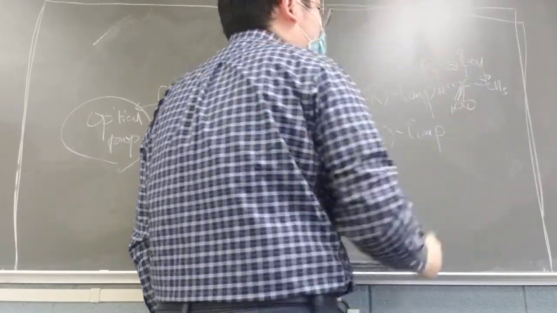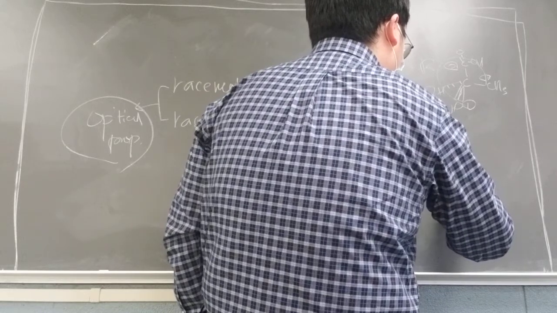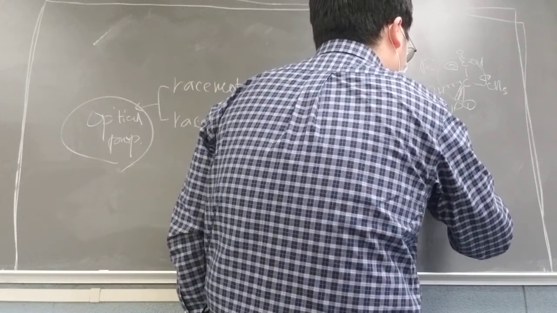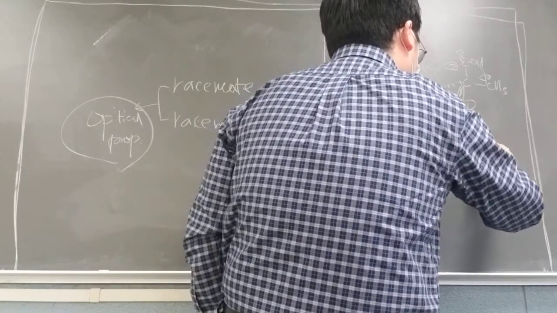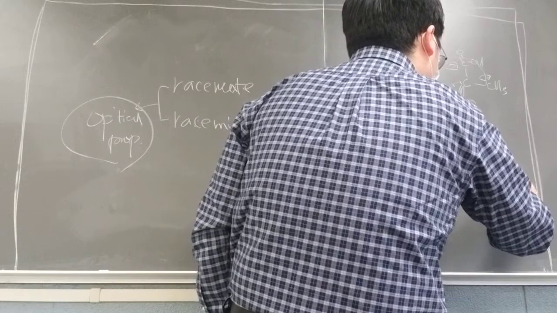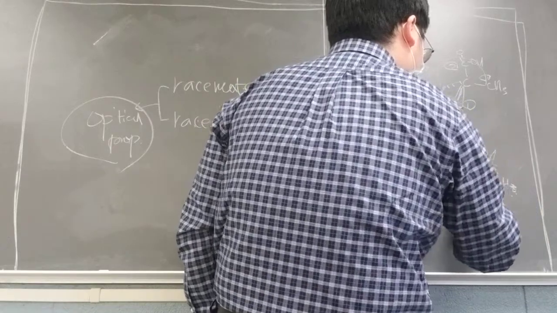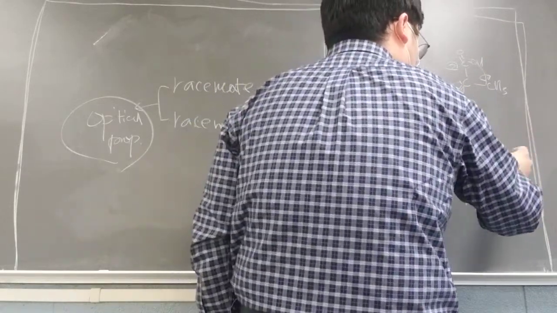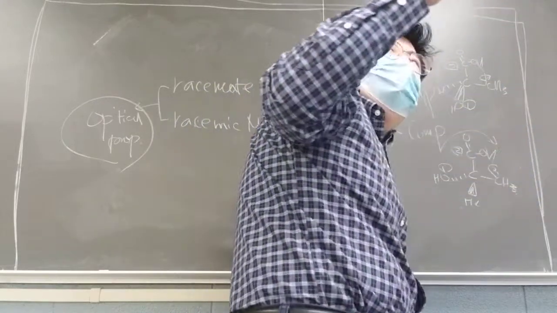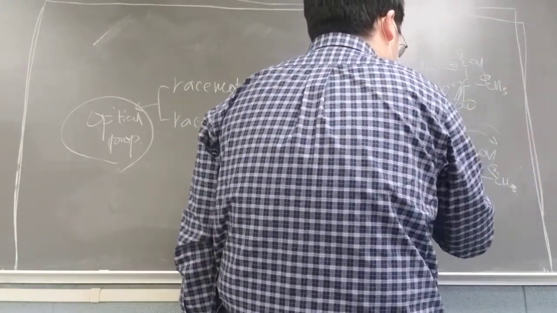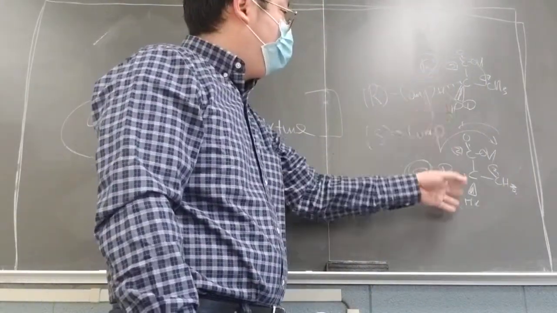This one is R. And then for this one, it would be 1, 2, 3, but number 4 is going forward. So it goes this way, but looking at it from the other side, it's going this way, so it would be S. Okay, so you have R and S. This is lactic acid, just two compounds.